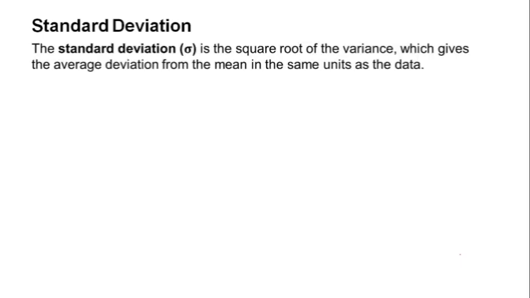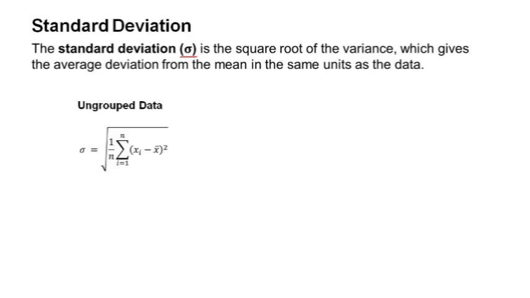The next point is standard deviation. So standard deviation is the square root of variance, which gives the average deviation from the mean in the same unit as the data. Standard deviation is denoted by the symbol sigma. For the ungrouped data, the standard deviation is taken.